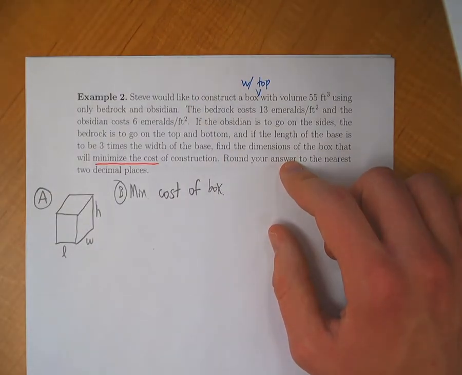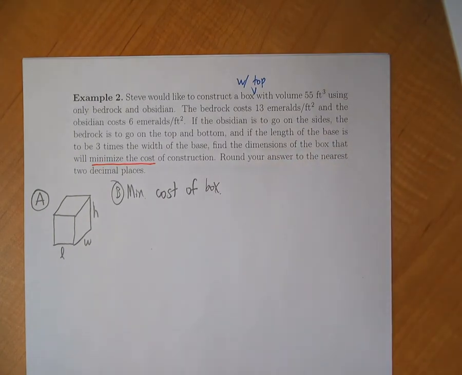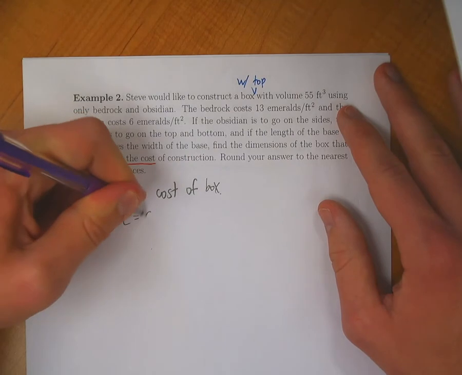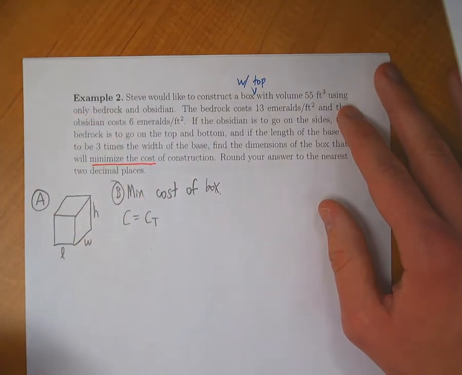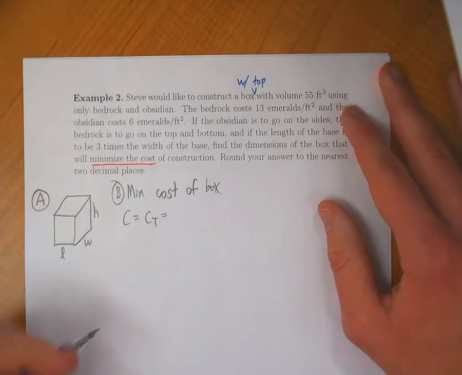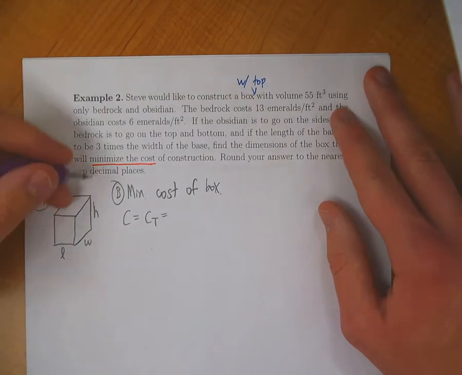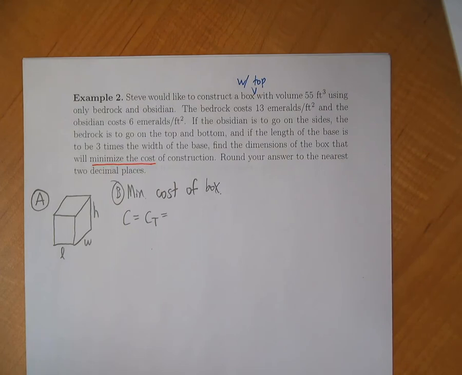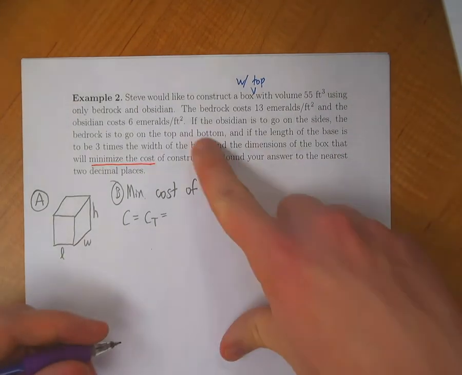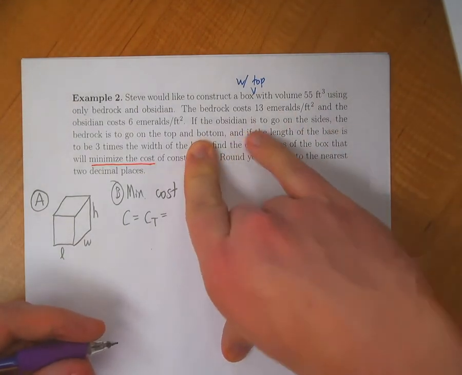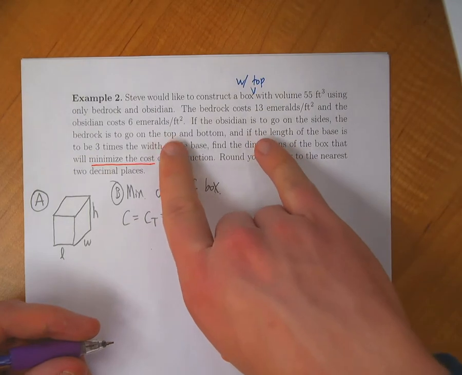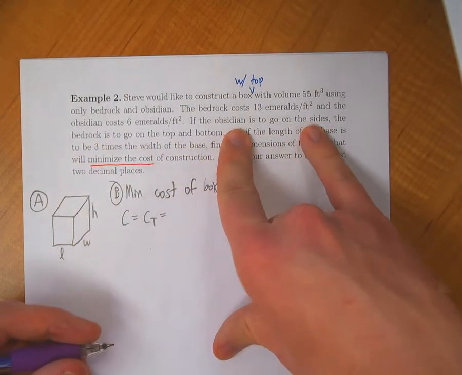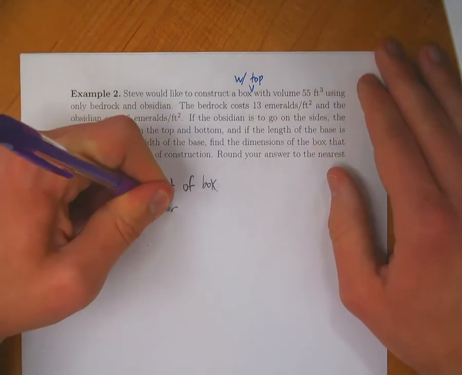So if we take a page from what we did last time, let's say, all right, well, if we denote C as the total cost of the box, then because the different parts of the box are made out of different materials, we have to break it up accordingly. So in this case, the top and bottom is made of bedrock, and obsidian is on the sides. Okay? So we have to break this up accordingly.